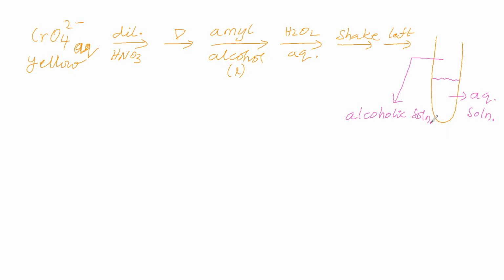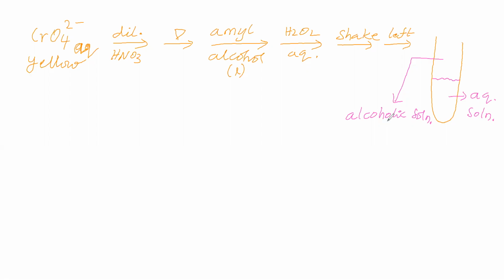So here we are getting two solutions, one is the bottom layer, another one is the upper layer. The bottom layer is aqueous solution, the upper layer is alcoholic solution. In the place of alcohol, you can take even ether. Then this upper part will be ethereal solution. So two parts we have got.